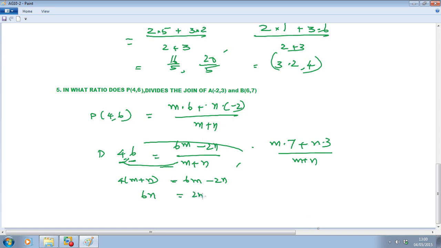Okay, so what do we require? What is the ratio? So M by N is equal to 6 by 2. See here, we have to be careful.